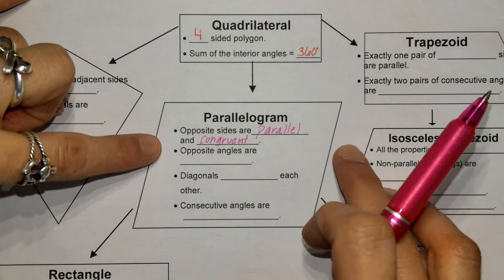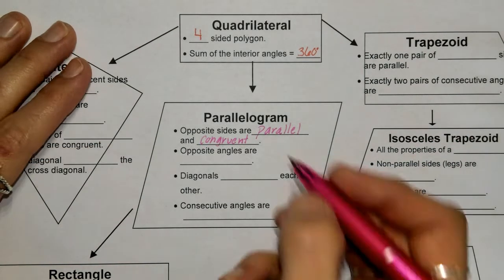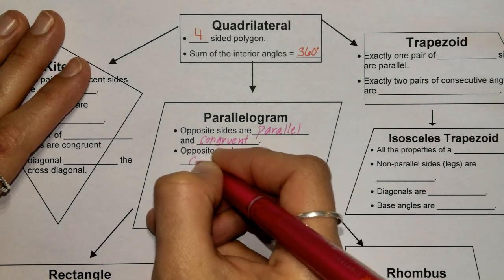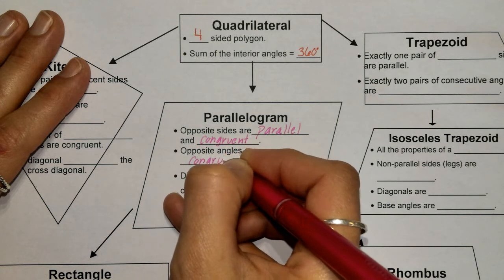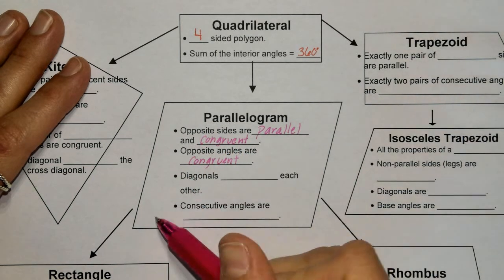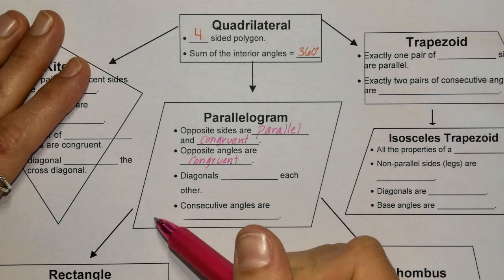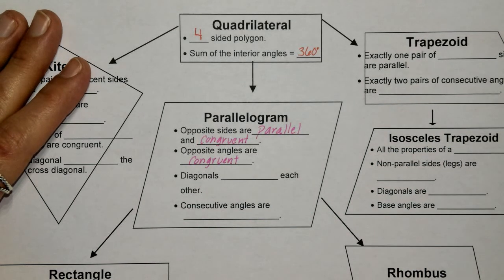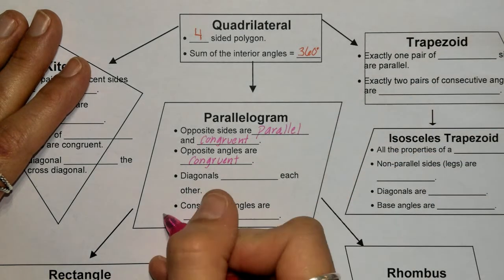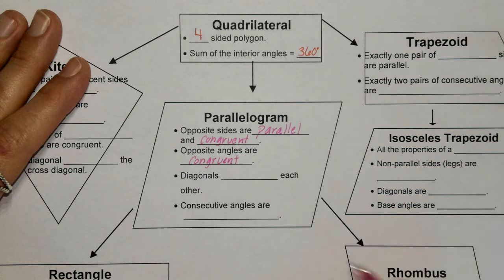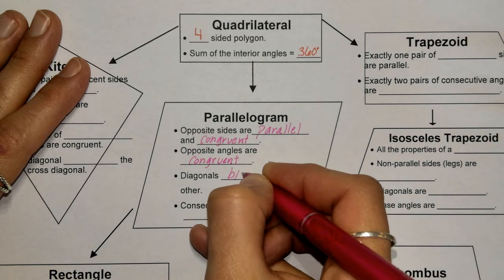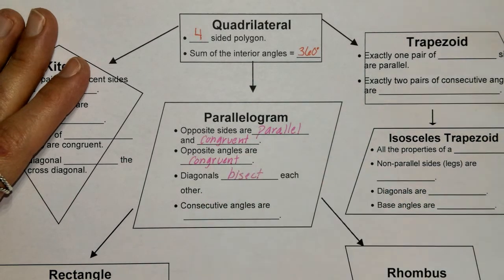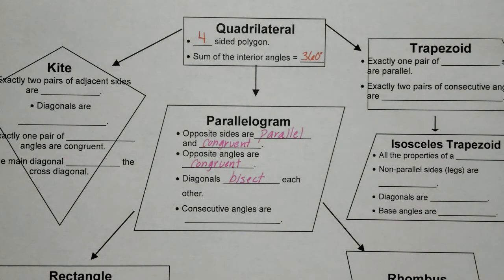Same thing with the left and the right. Your opposite angles will also be congruent. So you go across the parallelogram from one angle, they're going to be the exact same measurement. Your diagonals, so if you draw a diagonal through these, okay, and we'll see this later, they are going to bisect each other. Each diagonal will be cut in half.